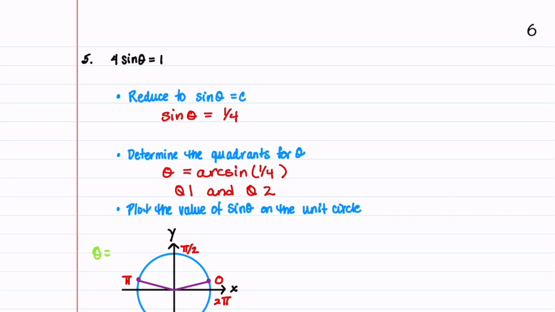So we'll write down quadrant 1 and quadrant 2 for our solution. In quadrant 1, we know that our solution, theta r, is going to be arc sine of 1/4. And then in our second quadrant, where our other solution is, theta is going to be pi minus theta sub r. And we'll have to calculate what that is.